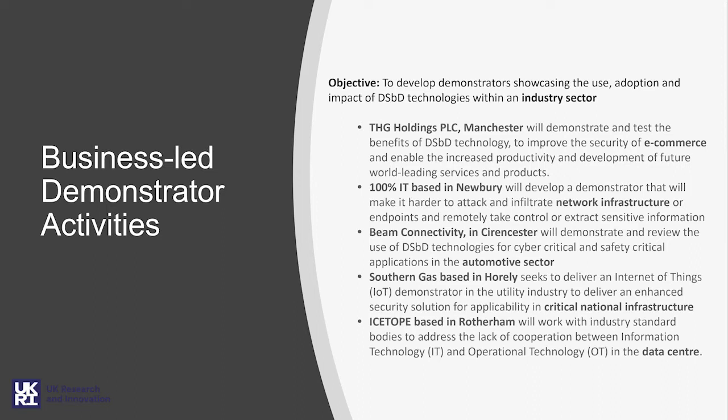And then we've got 4 new ones that were announced just as part of the government's new national cyber strategy that go through networking infrastructure, automotive sector, critical infrastructure, and the data center. So lots of exciting new places that will become interesting to be first adopters of something that is expected to become ubiquitous across the whole digital ecosystem.